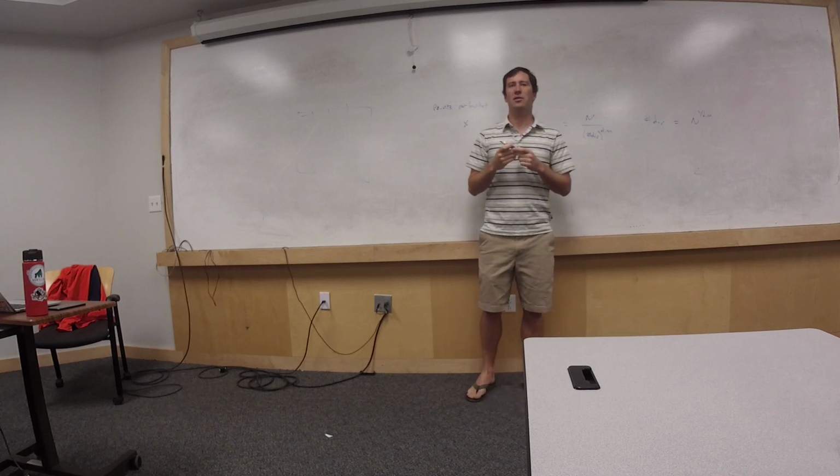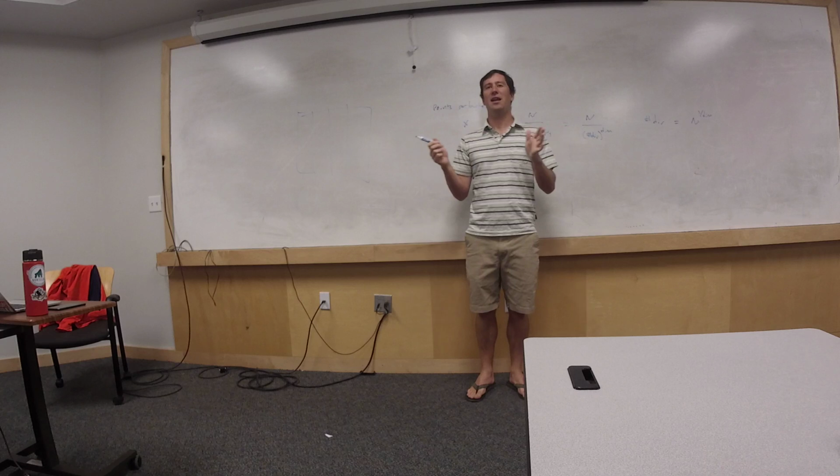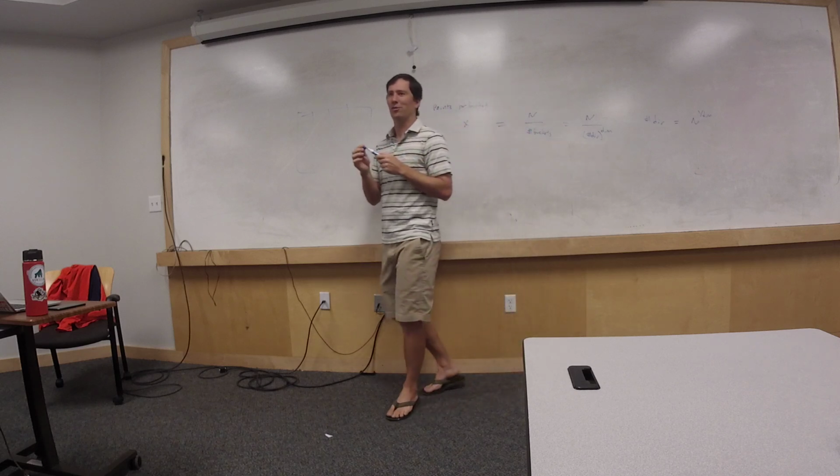If we had 3-dimensional data and we took the cube root of n divisions, then as I increase n, the size of my bucket stays kind of constant in terms of the number of points.